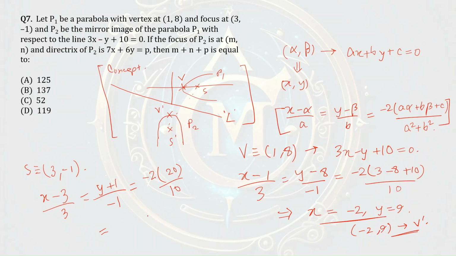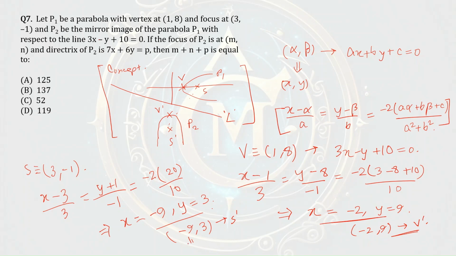From here we get x = -9 and y = 3. So (-9, 3) is the focus of the parabola P2.